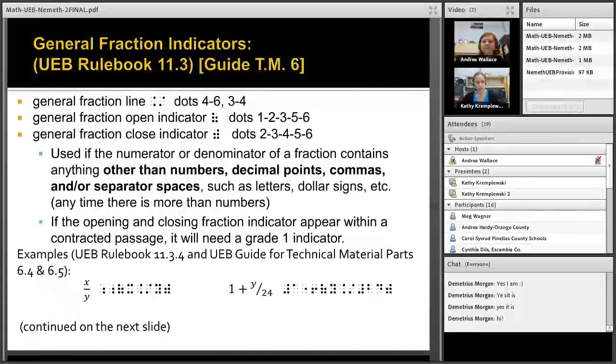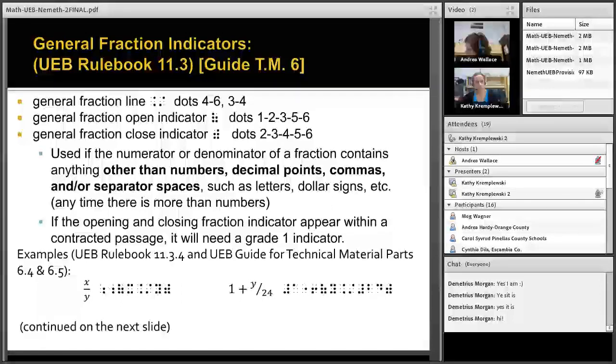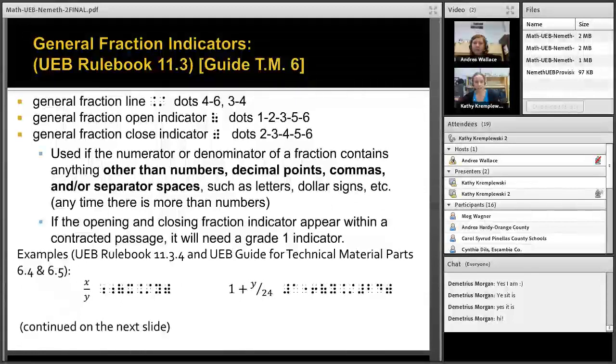So if you have a general fraction, you open it with the dots 1, 2, 3, 5, 6, or the symbol for of, and general fraction closing indicator is dots 2, 3, 4, 5, 6, or the symbol for with. And because those can be mistaken for other contractions, we're going to be using the grade 1 indicator. And then the general fraction line is the 4, 6 with the same division type sign.